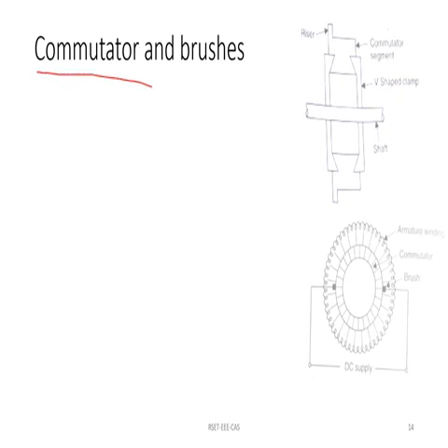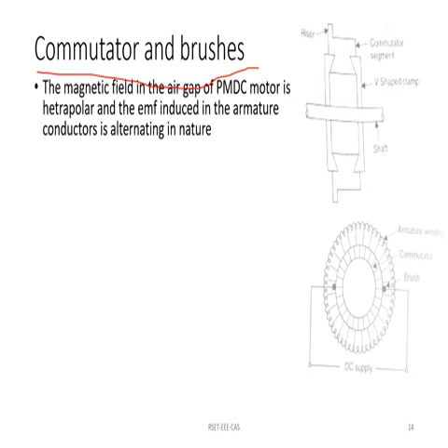Now next part of PMDC motor is commutator and brushes. Commutator and brushes are used for energizing the armature winding from an external connection, from an external supply.